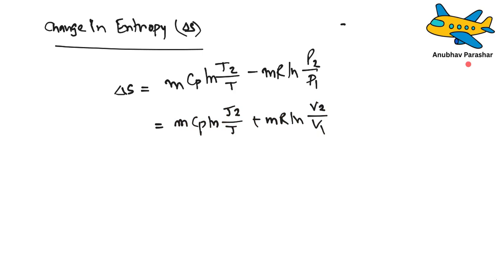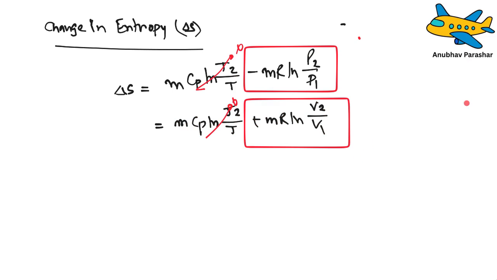So here temperature is constant, so the first term becomes 0. So there will be two equations for delta S. The way you want, you can write it, right? You can write delta S is equal to minus mR ln P2 by P1, or you can write it as plus mR ln V2 by V1.